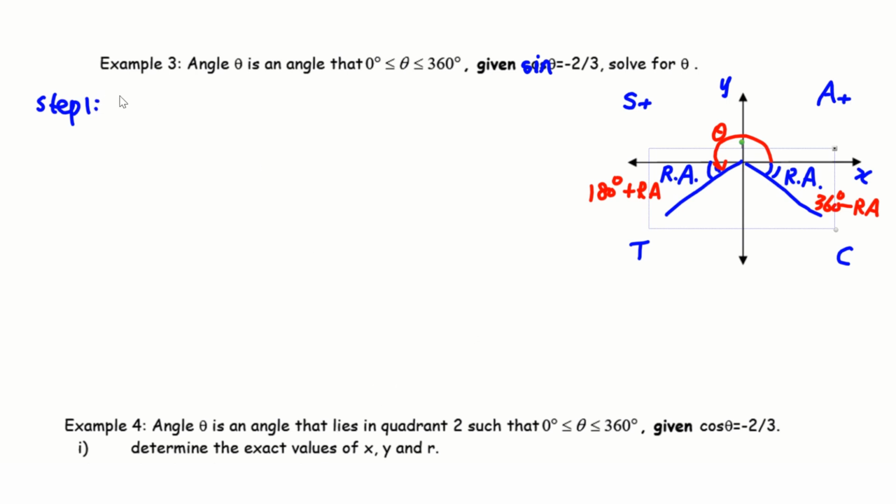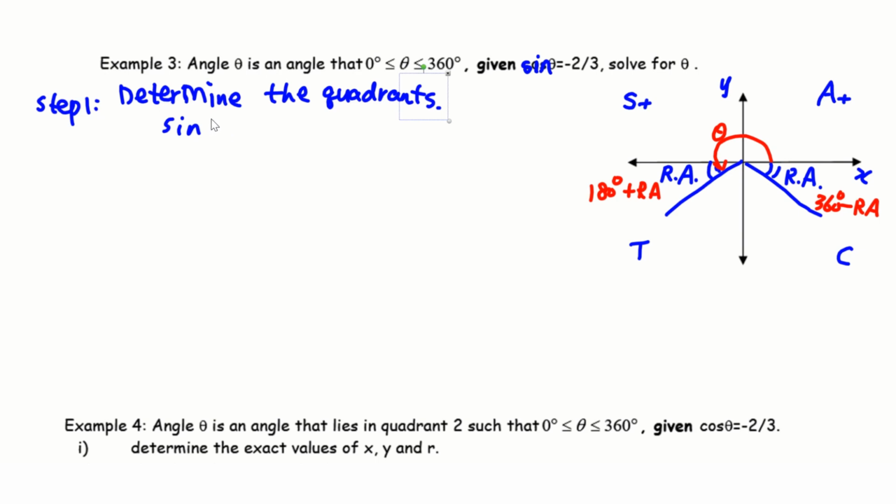So step 1, determine the quadrant. This is the reason why we need to find in which quadrants sine, cosine, tangent are positive. Sine is negative, so not the first one, not the second one.